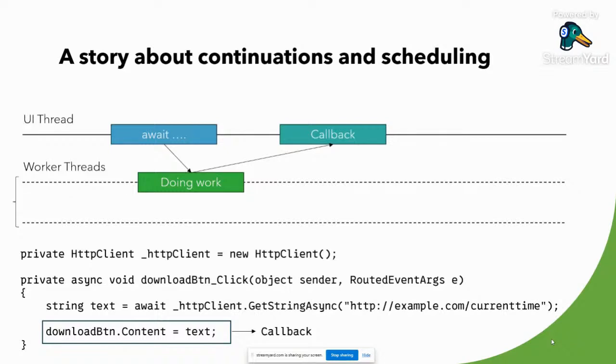Every WPF, WinForms, MAUI app has a UI thread called the main thread. You await something, and awaiting something means that everything that comes afterwards is being registered as a callback that will be called at some point, and you are creating a state machine.